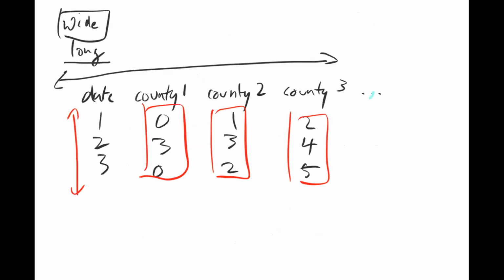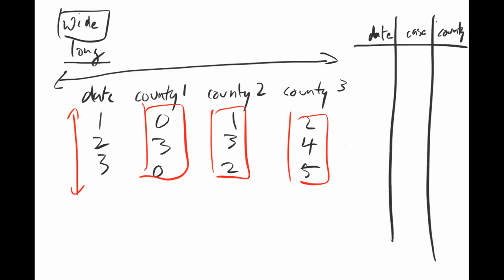Okay, and so what does this look like? It's just a reorganization of this data to look like date, cases, county, where you would have dates 1, 2, 3, and the county would be county 1, like this.